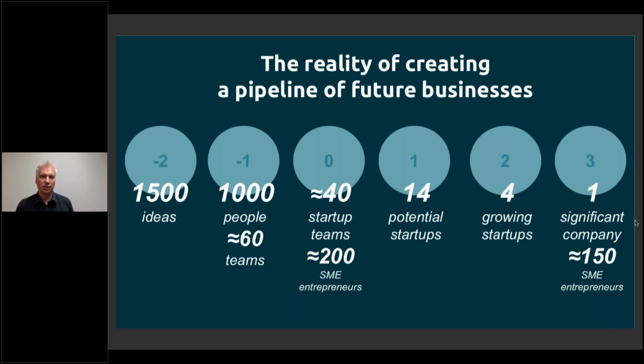We have collected here a statistical average from multiple different sources to validate that we have roundabout numbers to indicate what type of conversions and indicators we typically look at, to get a funnel of how many ideas, people, teams and types of companies we need to push through to get a significant scale-up company.